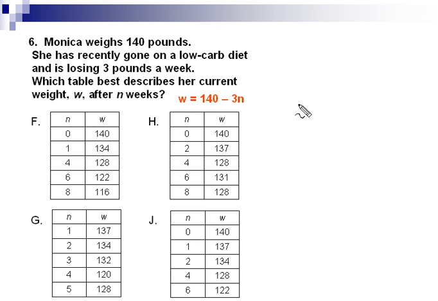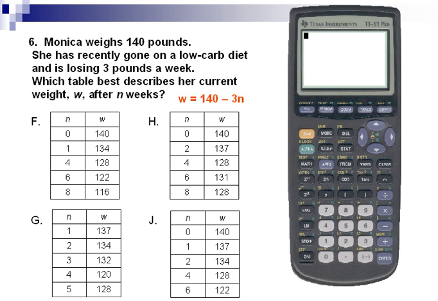To get it ready to go into the calculator, our W will become our Y equals 140 minus 3, and instead of N, we will use x. Now we're ready to input this into our calculator.